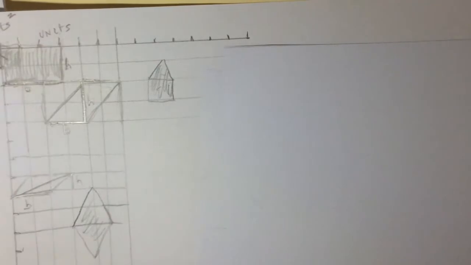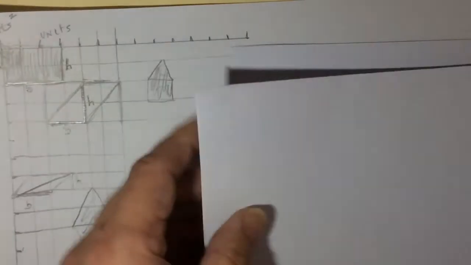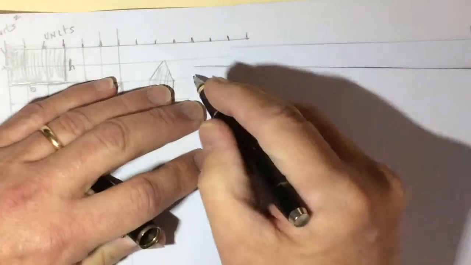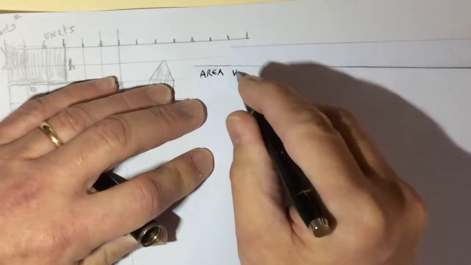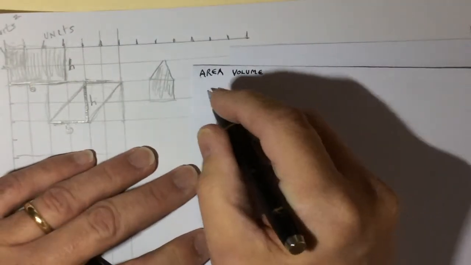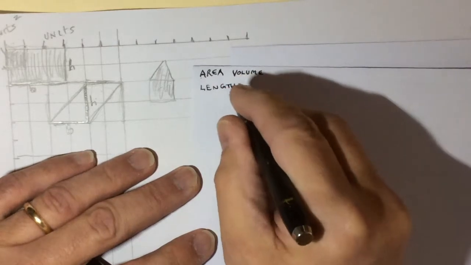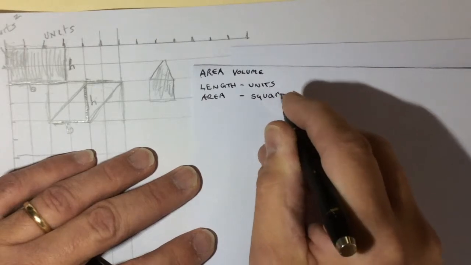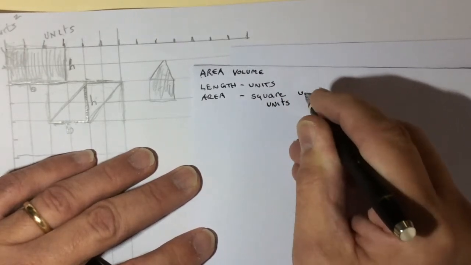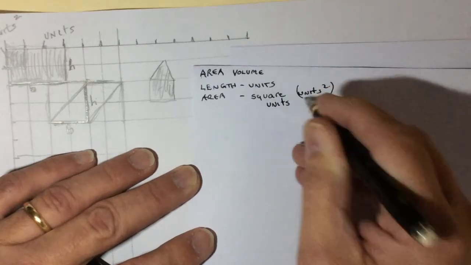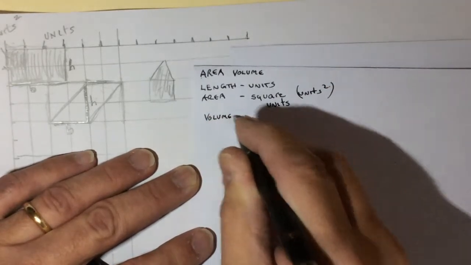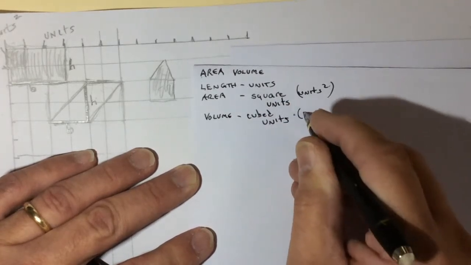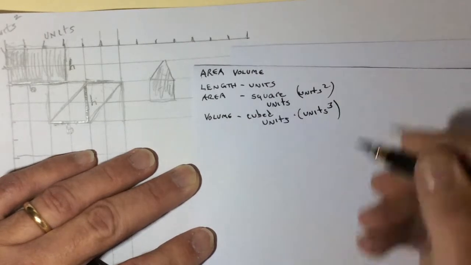So going to our document for the first time, let's go ahead and label it area volume. And just to make sure that we've covered everything I just said, we've got length is measured in units, area is measured in square units, which is sometimes also written as units squared, and volume is measured in cube units, or sometimes written as units cubed.